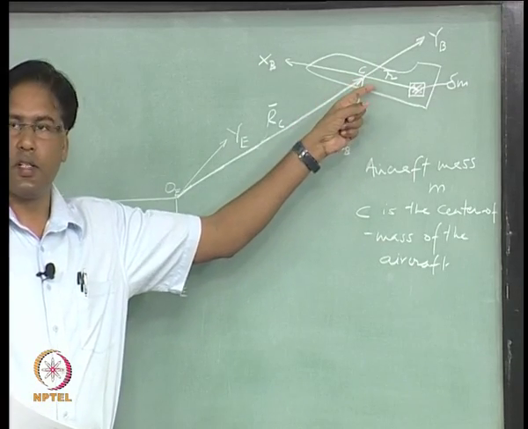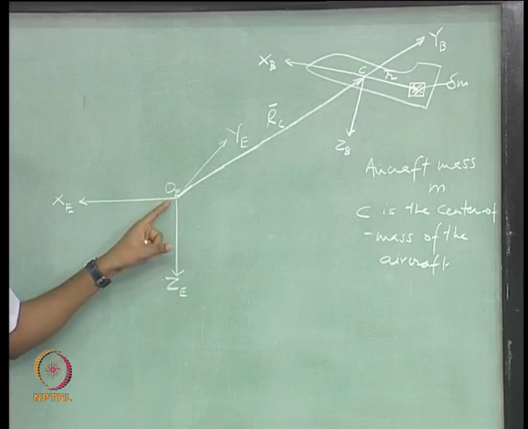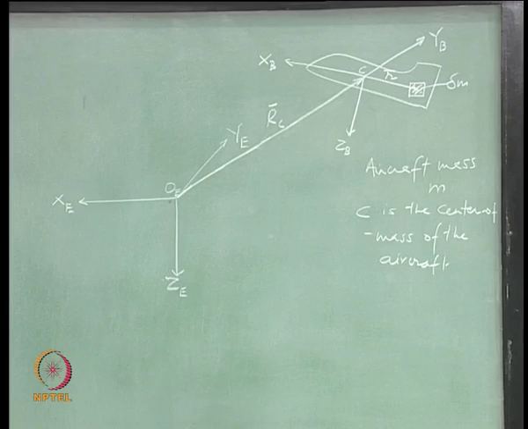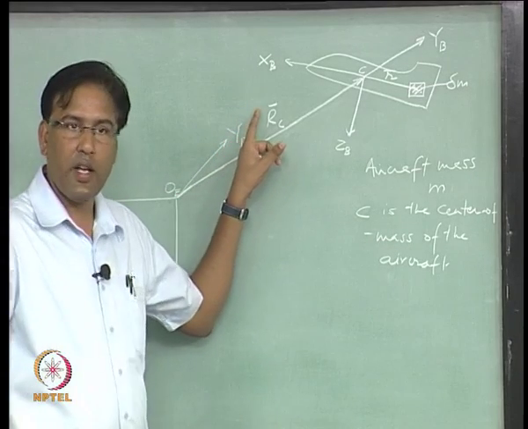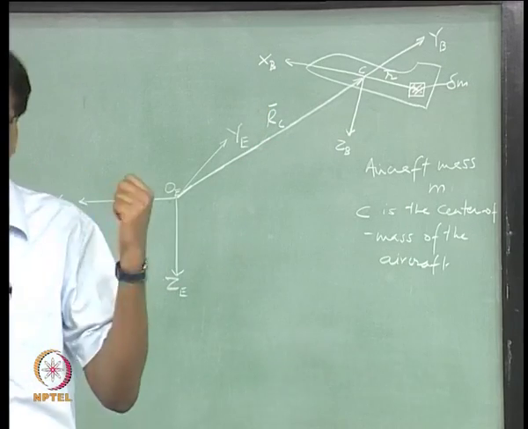The distance between the center of mass of aircraft and the origin of earth fixed axis system is R_C, okay, and this bar indicates it's a vector, right.